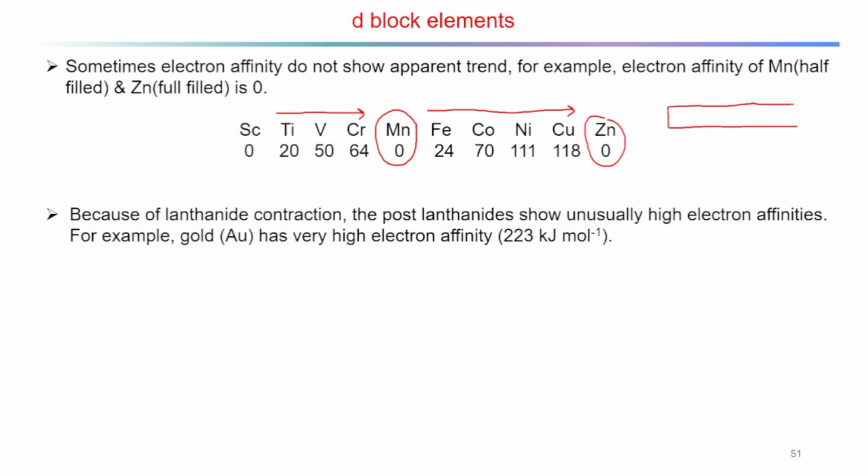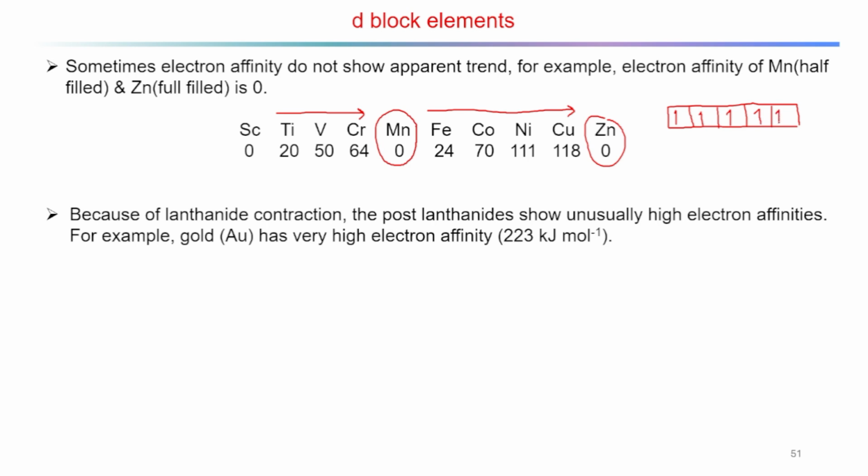In case of manganese, the 3d is actually half filled, so it is 3d5. One electron here, another electron here, another electron here, here, and here.